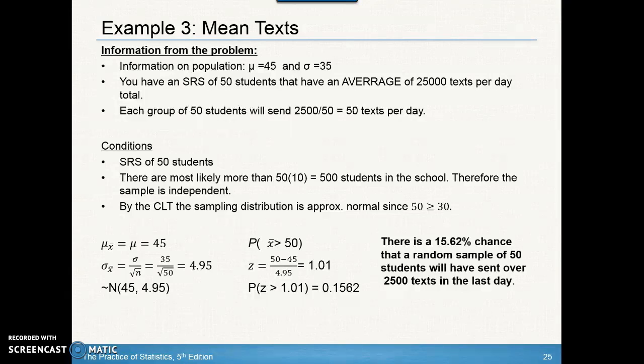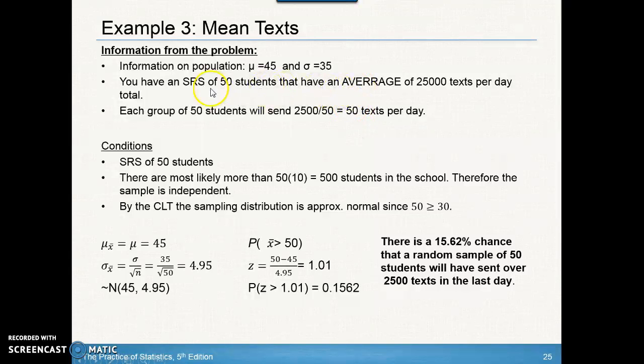We want to know what is the average group of 50 students. So each group of 50 students is only sending 50 texts per day. So this is the individual. If I was going to take all 50 students, add up all of their texts and then divide by 50 to find out the number of texts per student, that's going to be the 50 texts per day.